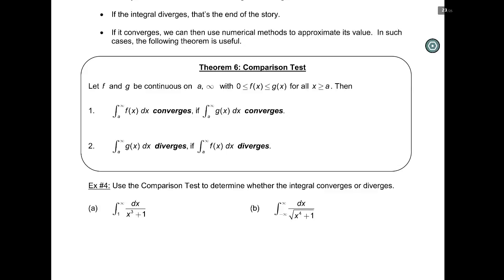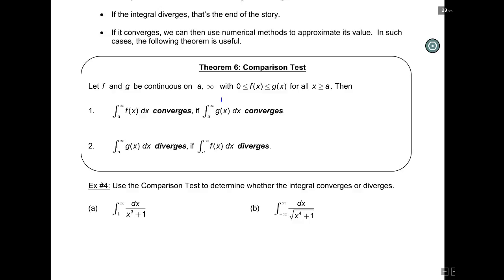So let's say we have f and g are continuous on the interval from a to infinity, where f of x is between 0 and g of x for all x greater than or equal to a. So the integral of f of x converges if the integral of g of x converges.